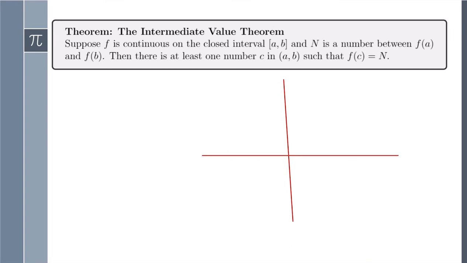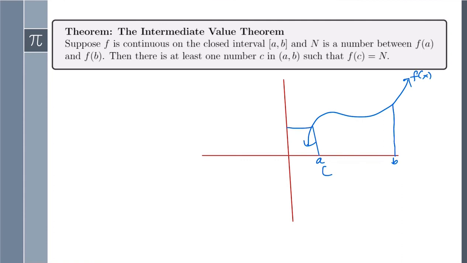So, this theorem says if we have a function, let's say f of x, and we take an x value here, let's say a, and let's say this is b. Now, what this says is if f is continuous on the closed interval from a to b, and n is a number between f of a.